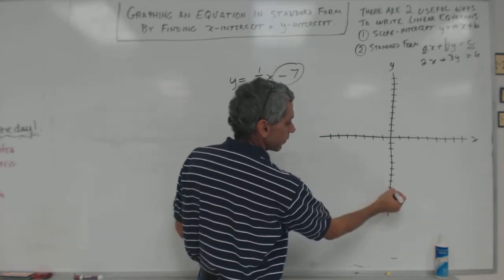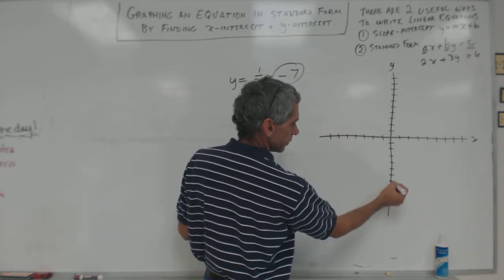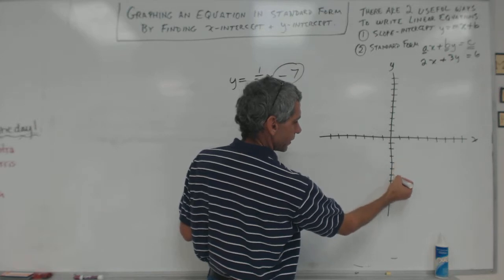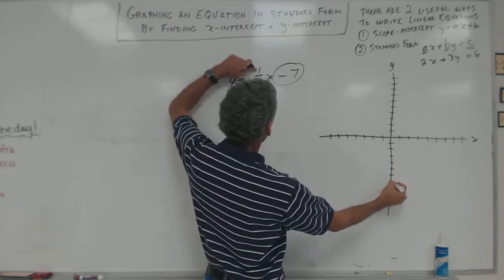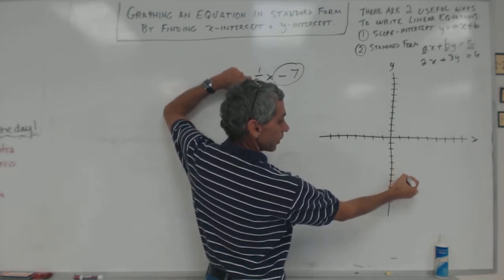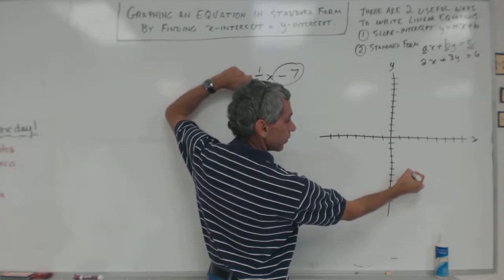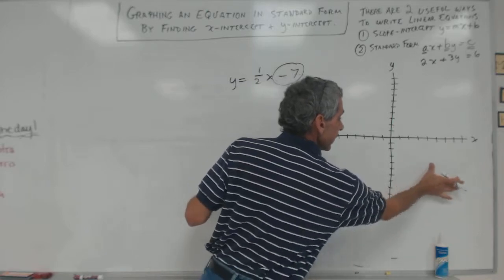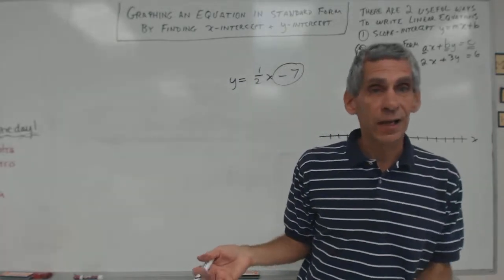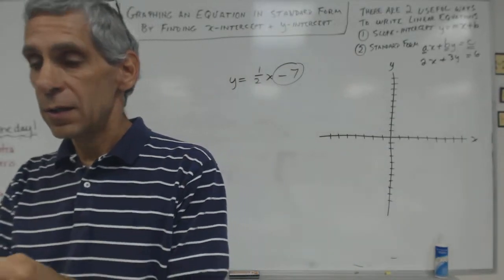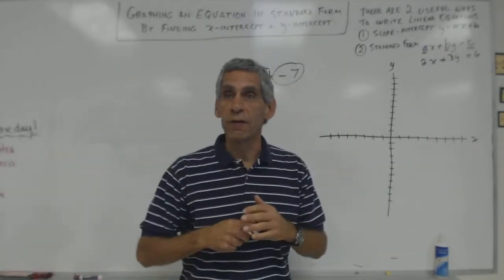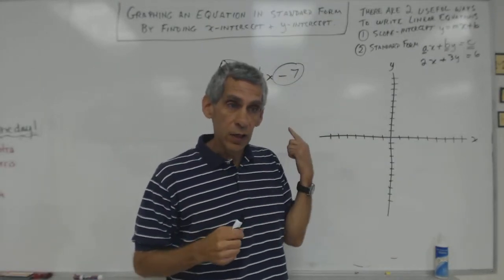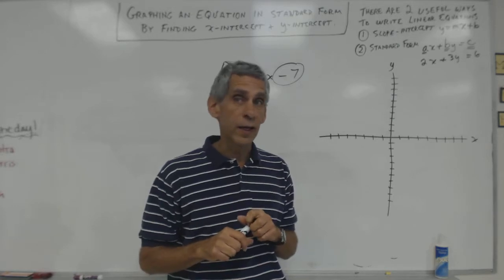Then from there, I rise 1 and I run 2, put a dot. Rise 1, run 2, put a dot. And I draw my line. You know that method. It takes you 10 seconds or less to graph. They're the easiest ones to graph by far. These are a little more complicated, but they're still quite easy.